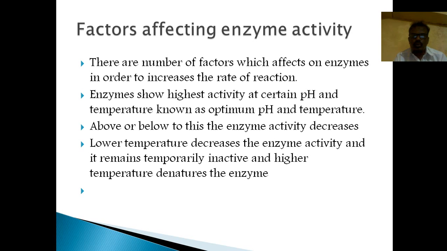Above or below this, the enzyme activity decreases. For example, if the pH is more than optimum, enzymes will be inactive. Otherwise, below optimum pH, again enzyme activity will be inactive. Likewise, if the temperature is more than optimum temperature, enzymes cannot work, and below optimum temperature, enzymes cannot work.